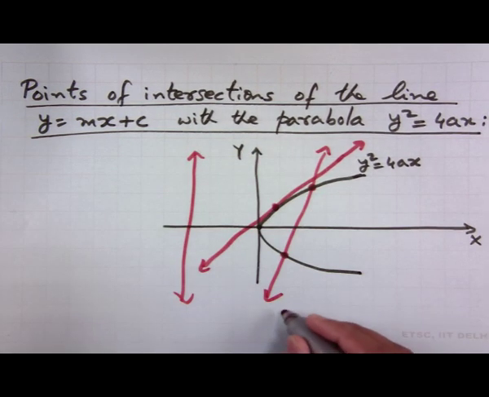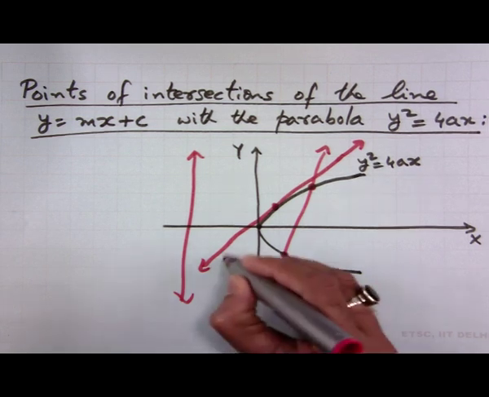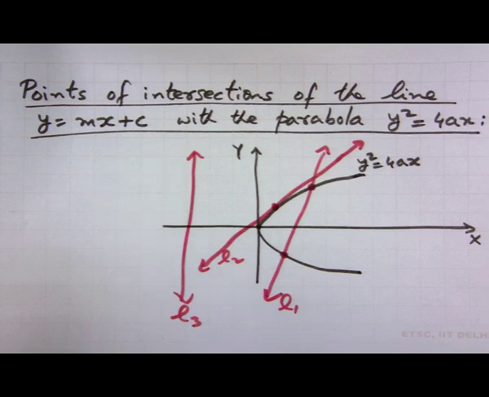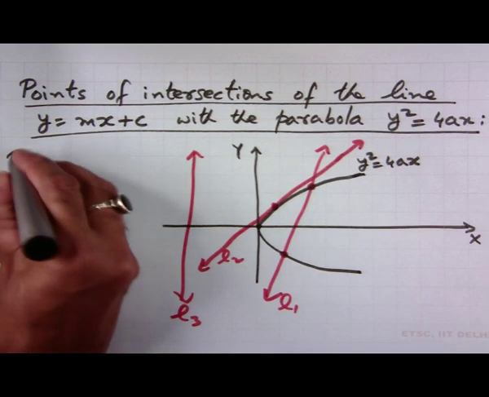So, we have three cases, this is line L 1, L 2, L 3. So, three possibilities.